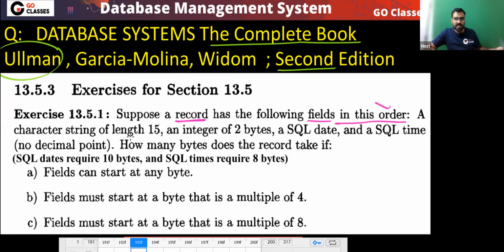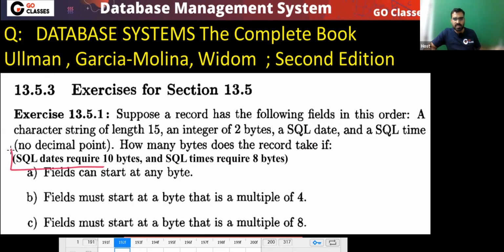A character string of length 15, an integer of length 2 bytes, SQL date and SQL time. This information is already given, you can check it out: SQL date has 10 bytes and SQL time has 8 bytes. Actually, this information is not given in the question.